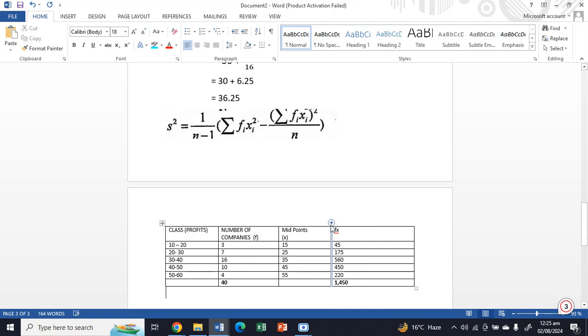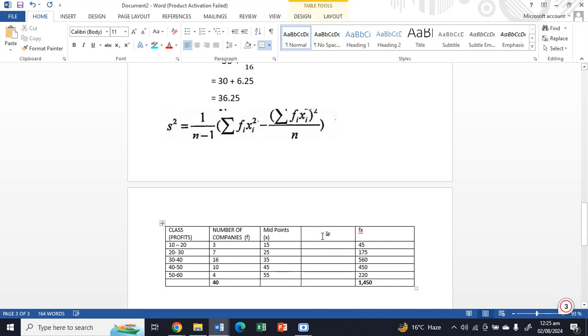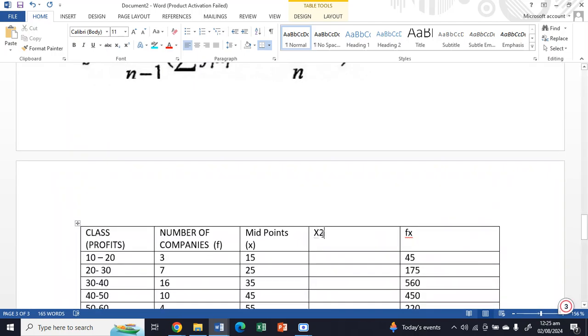So we're going to need to square the midpoints. So let's get our calculators. And once we square the midpoints, we're going to need to multiply them with the frequencies.